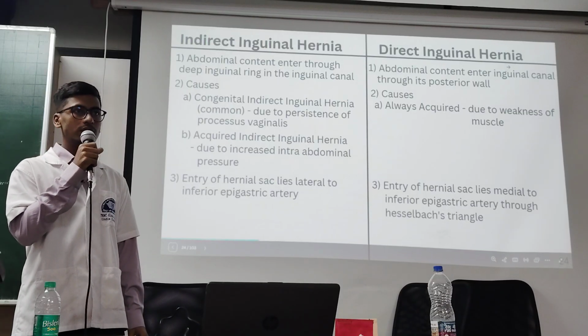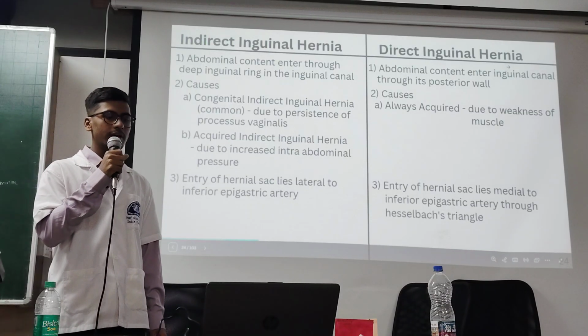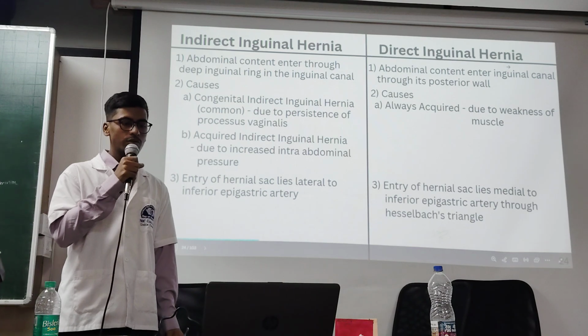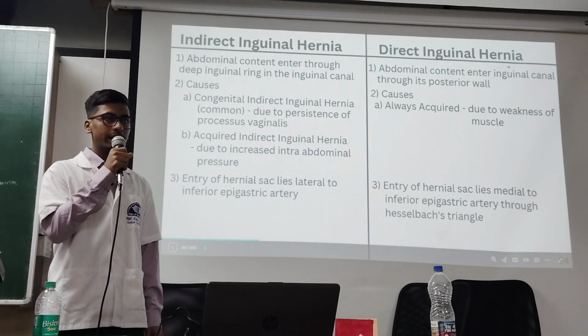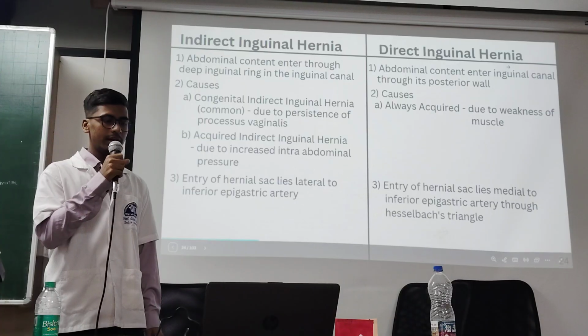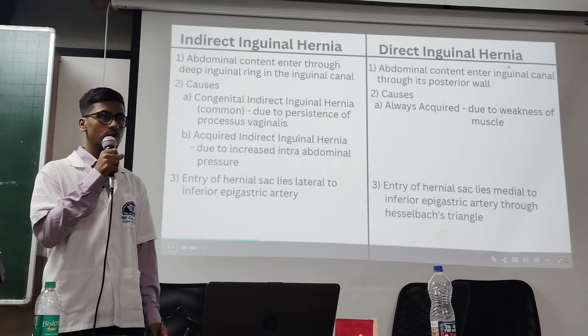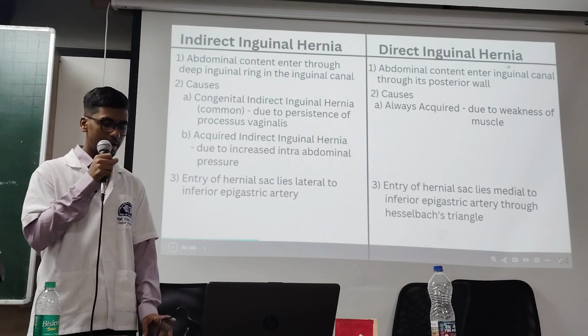Direct inguinal hernia occurs mainly due to acquired causes, due to weakness of the muscles. Third point, the entry of the hernial sac lies laterally to the inferior epigastric artery.